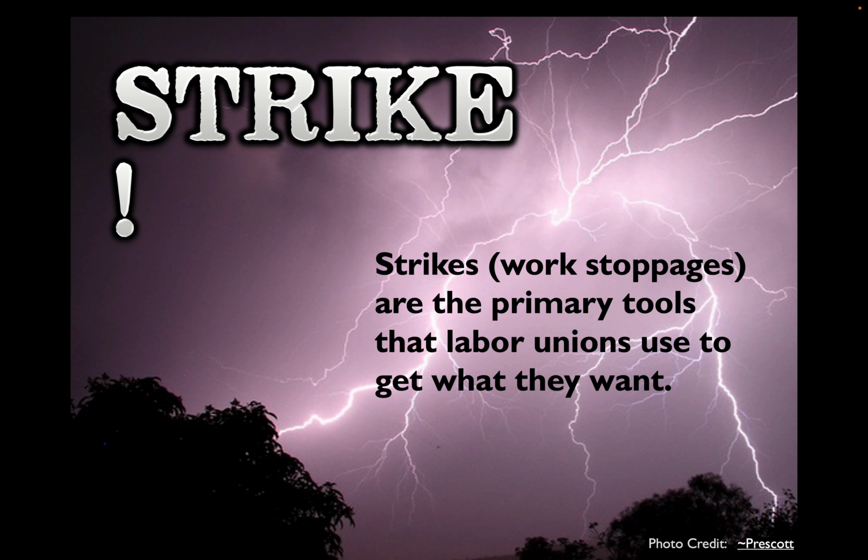So, strikes. Strikes are work stoppages, which are the primary tools that labor unions use to get what they want. If they don't like what is happening with the management, then they stop work, and then the company doesn't make money, and the companies want to make money, and so they'll probably do what the unions want.